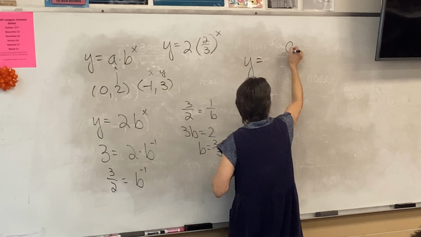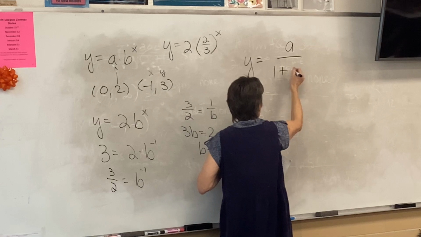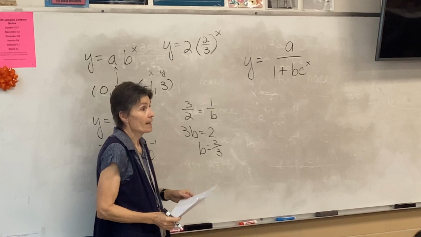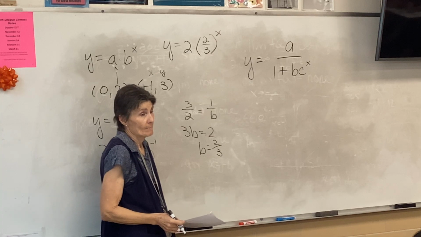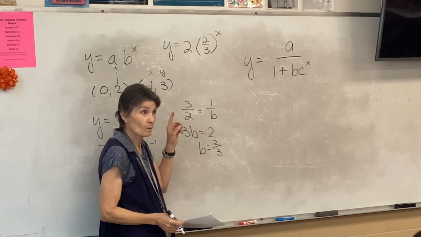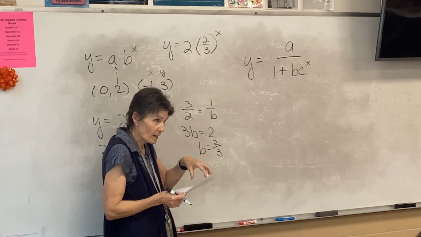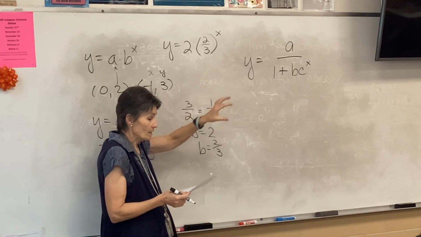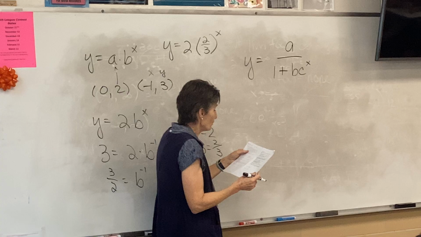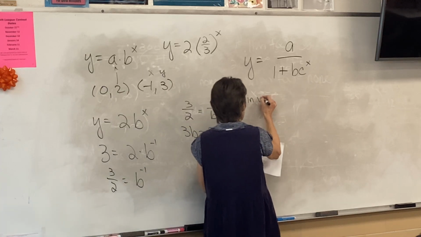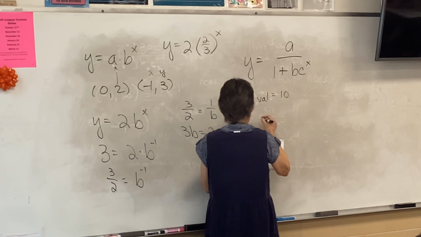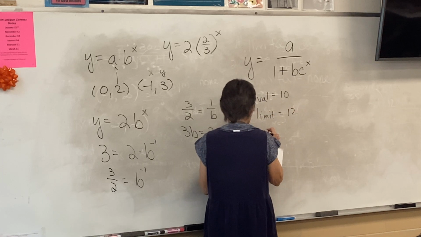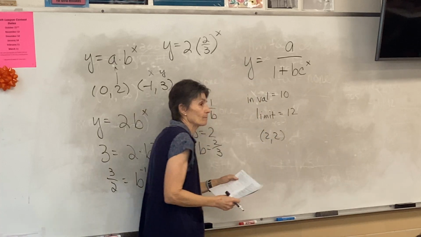Y equals A over 1 plus B C to the X. We know the initial value is 10. We know the limit to growth is 12, and it contains the point 2, 2.